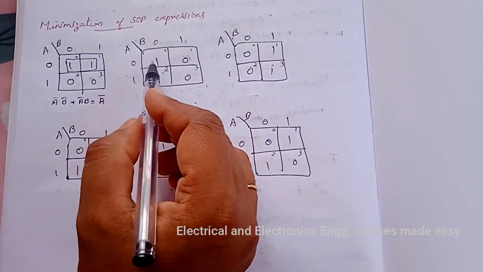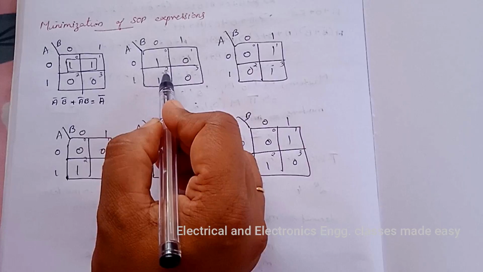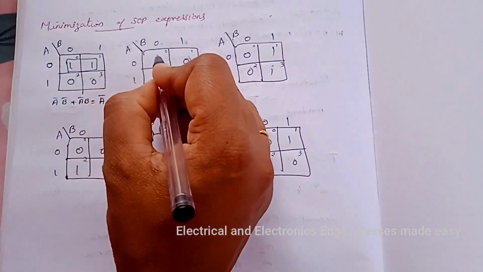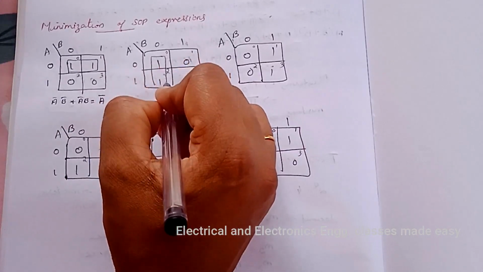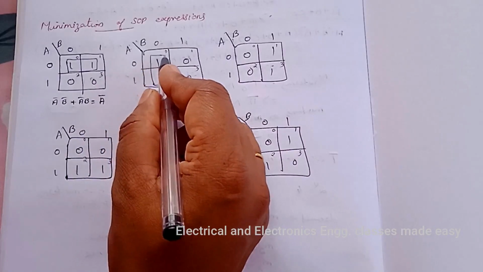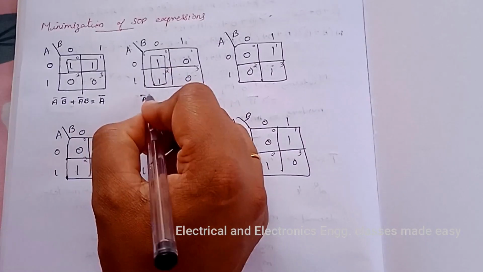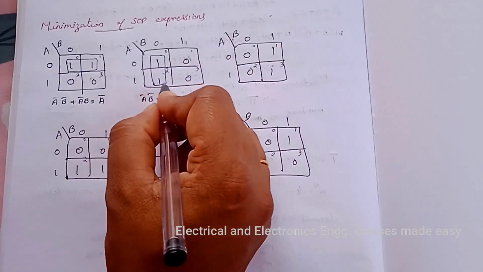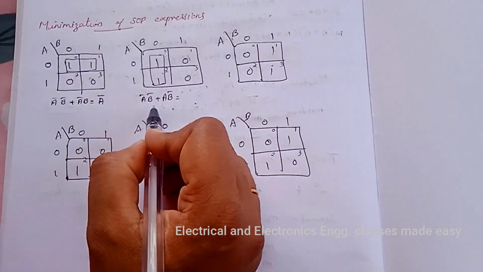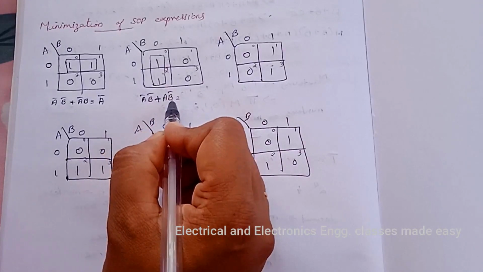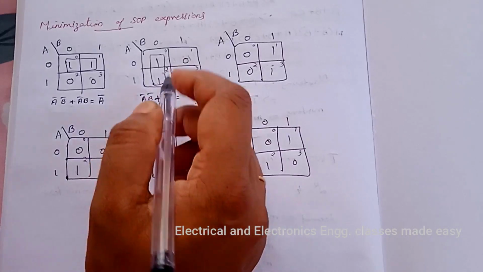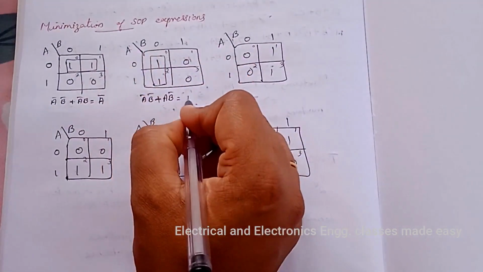And here M0 and M2 are adjacent to each other. So we can combine these two squares. Here this is A bar B bar plus A B bar, and the variable that differs is A. So we can eliminate that variable, and the answer is B bar.